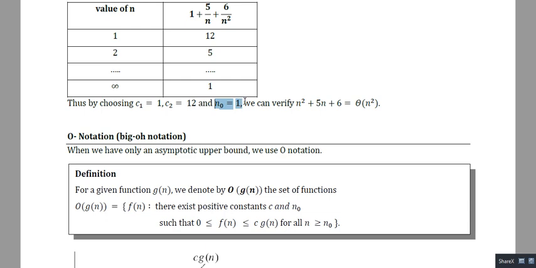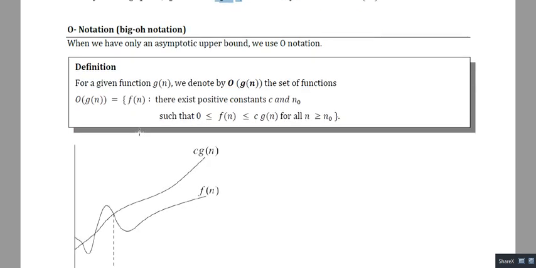So the next one is big O notation, and it is denoted by this capital O, right? So given any function fn, we can say fn is big O Gn. Fn is said to be big O Gn if fn is less than or equal to c into Gn for some positive constant c, and for all values of n where n is greater than or equal to n0, right?